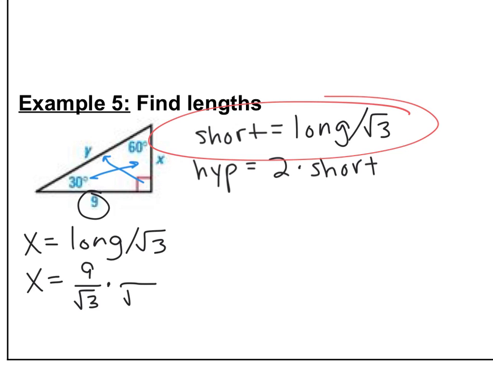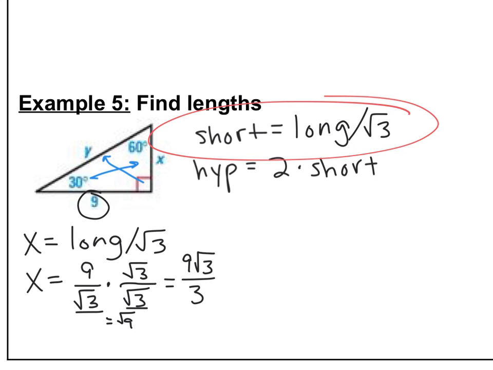How we do that is we just multiply top and bottom by whatever that radical is in order to get rid of the radical. When we do that, we get radical 3 times radical 3, which, if you remember, is radical 9. The square root of 9 is 3. So that number that's inside comes outside. Up top, we will get 9 radical 3.